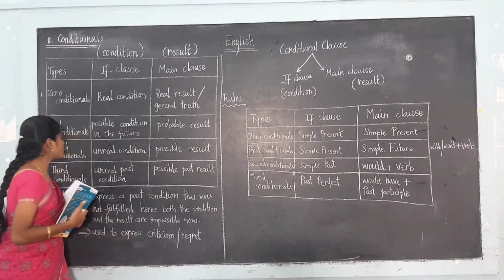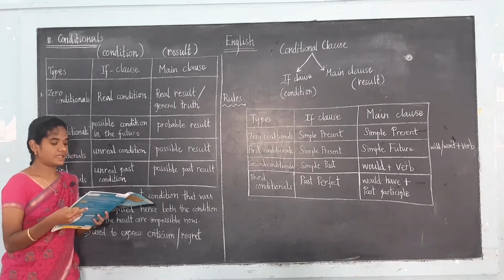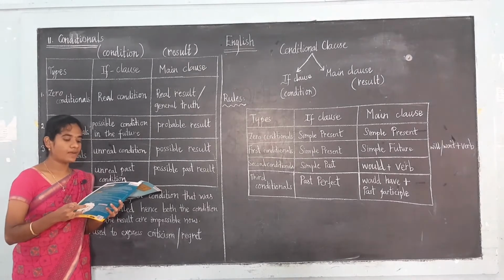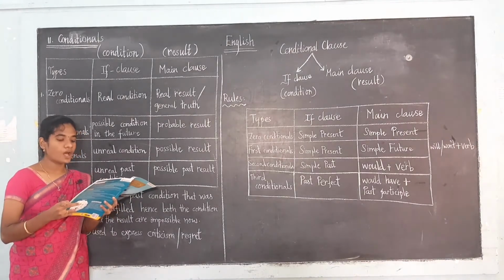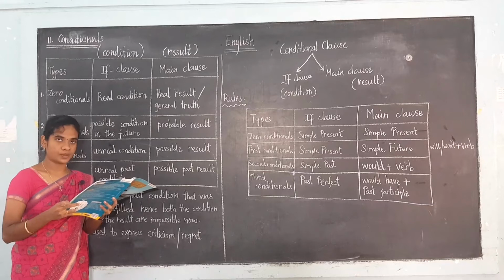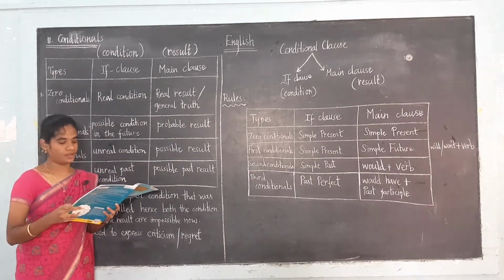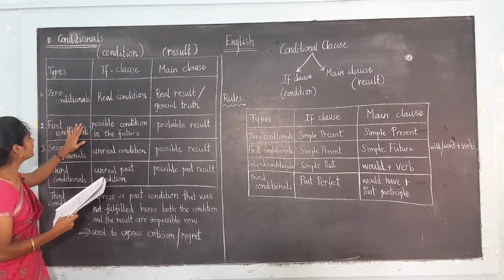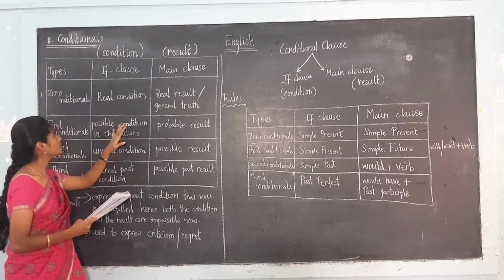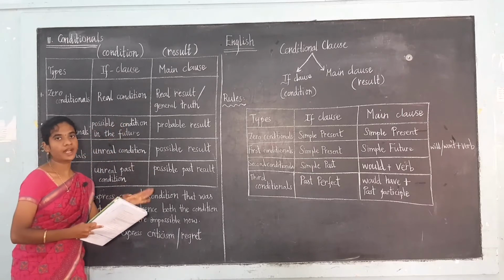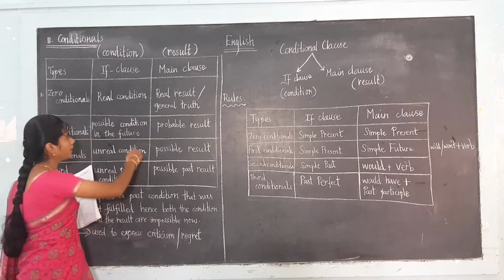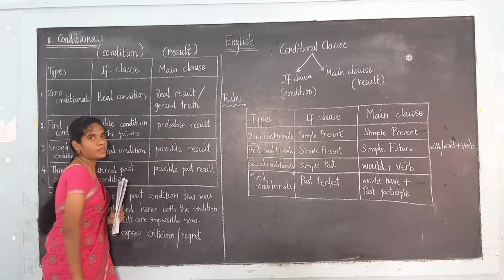The next one is the first conditional. In first conditional sentences, the if clause states a possible future situation and the main clause states its probable result.